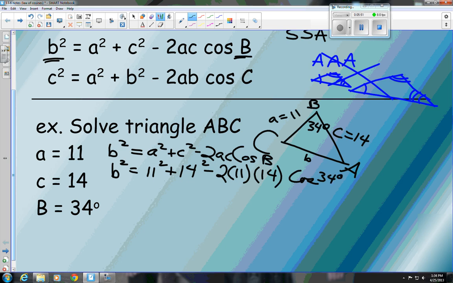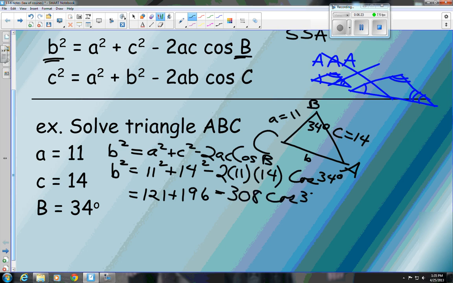Now, I'm going to remind you guys of some order of operations things. When I go to combine these, exponents are first. So I get 121 plus 196 minus 2 times 11 times 14. Well, 2 times 11 is 22. Somebody who's got a calculator, what's 22 times 14? 308.